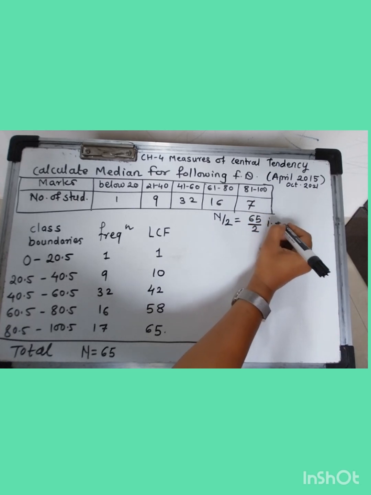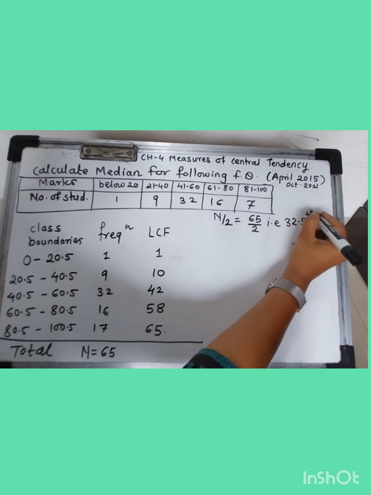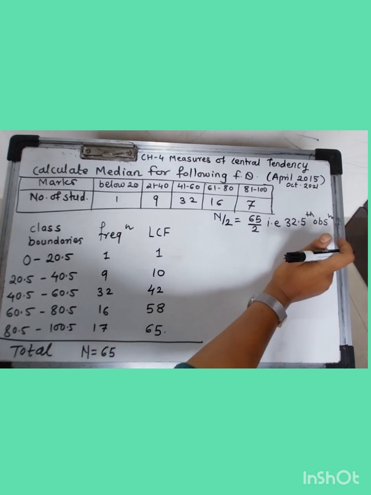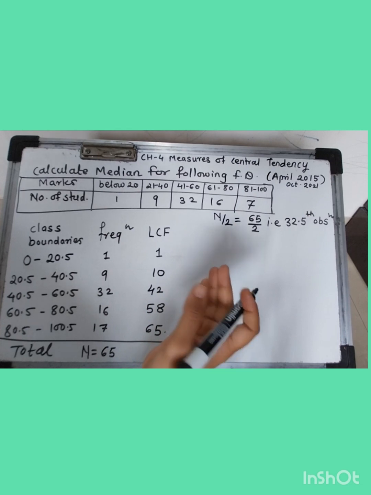That is what? 32.5th observation. Okay, see, this 32.5th observation should be equal to or exceed n by 2 for the first time.